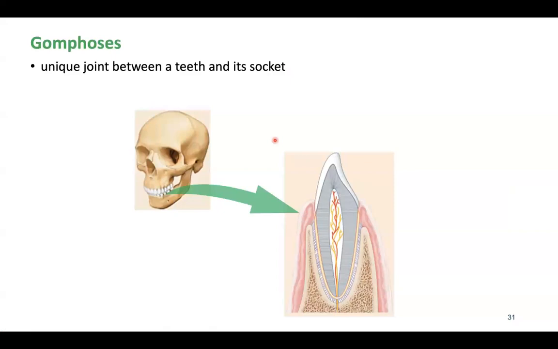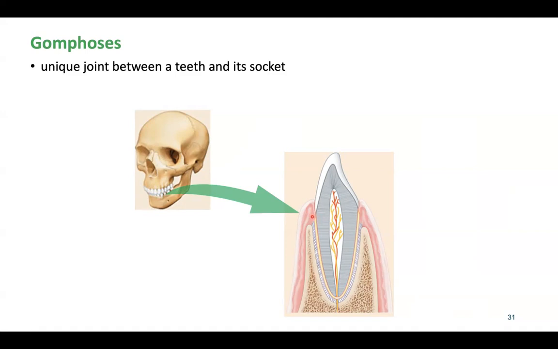The last type of fibrous joint is the gomphosis joint. It's a unique joint between a tooth and its socket, that is, between our teeth and the maxillae and between our teeth and the mandible.